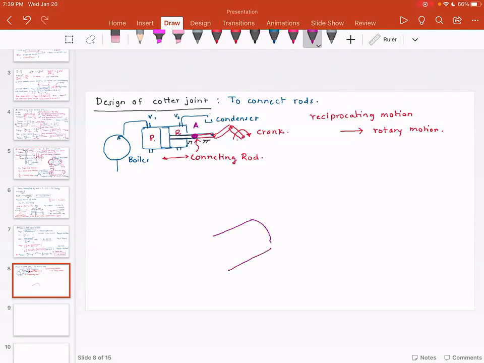So what you have is a spigot end, and then you have a socket end, something like this.